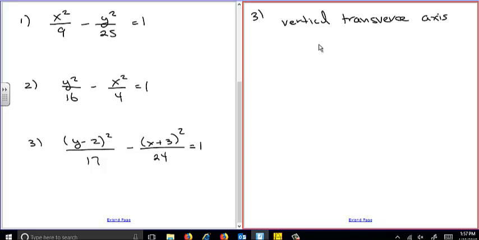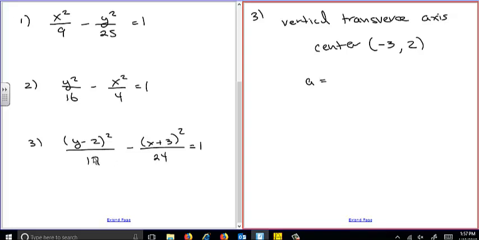The center now is not the origin. Now, the number associated with the x term is x minus h. So in this case, h is equal to -3, and here you have y minus k, so k is equal to 2. So that's the center. a always goes with the transverse axis.